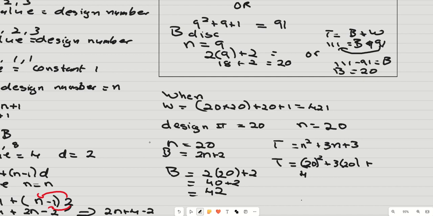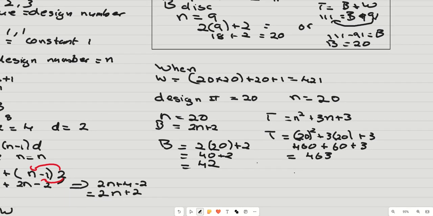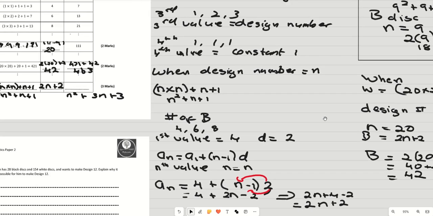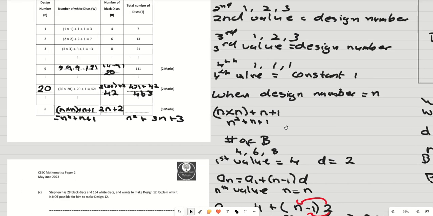That's 400 plus 60 plus 3, which is equal to 463. Or what you could have done is, we know that your total is equal to your black plus your white. Your black was 42, white was 421. When you add this, you're going to get 463. That would have been the alternative method to doing this. So you get that right here.